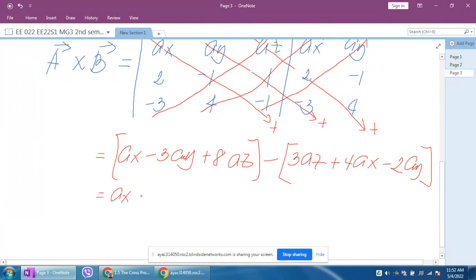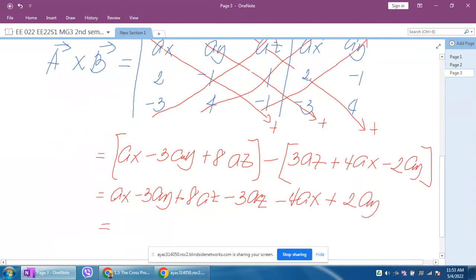So, I have AX minus 3AY plus 8AZ minus 3AZ minus 4AX. Then, distribute ko po yung sign, plus 2AY. Simplifying, so we have negative 3AX.